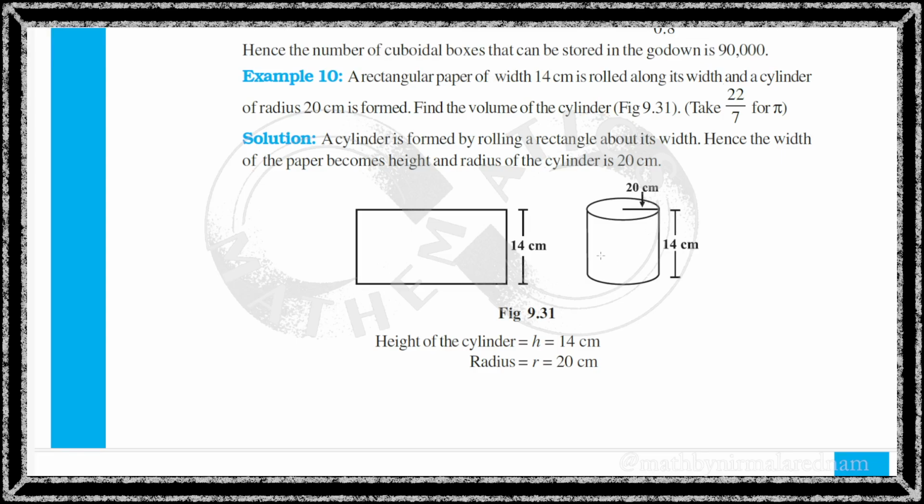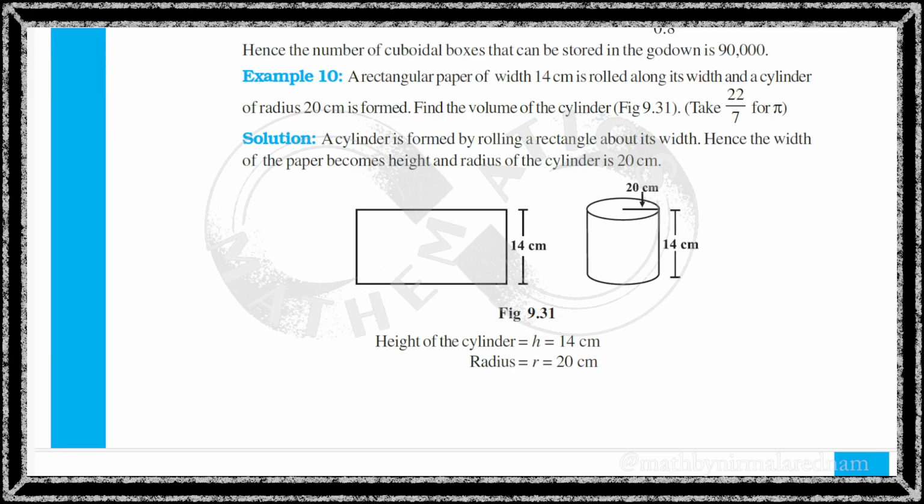Now we are asked to find the volume of the cylinder. In order to find the volume, I need the radius and the height. So the radius they are saying is nothing but 20 centimeters. And what is the height of the cylinder? It is nothing but width of the rectangular paper.